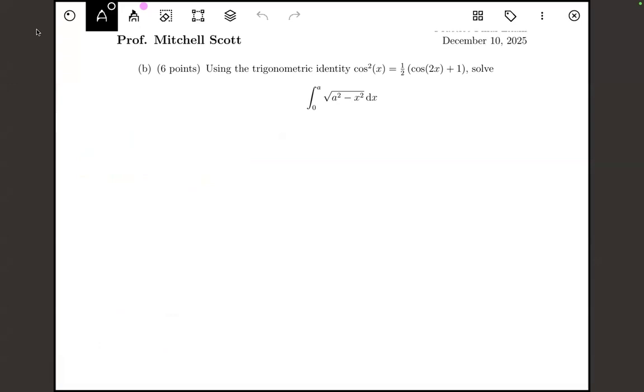And again, if we were to ask something like this, which requires some sort of trigonometric identity, cosine squared of x equals 1/2 cosine of 2x plus 1, we would give it to you exactly like we're giving it to you now. So hopefully this integrand, the square root of a squared minus x squared, looks familiar to you.